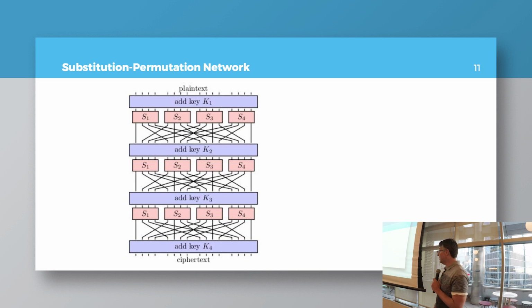The classical way this is done is using something called a substitution permutation network. This right here is a block cipher. What we do is exactly what we said. We have these little boxes that take little pieces of data from our original plaintext and mangle them up.